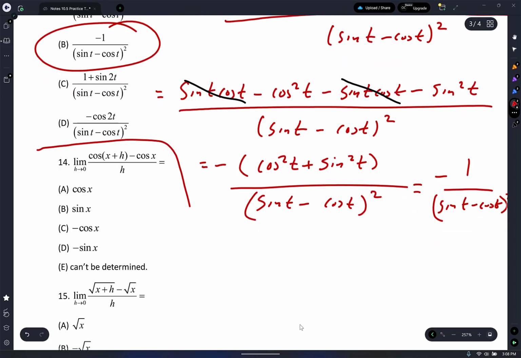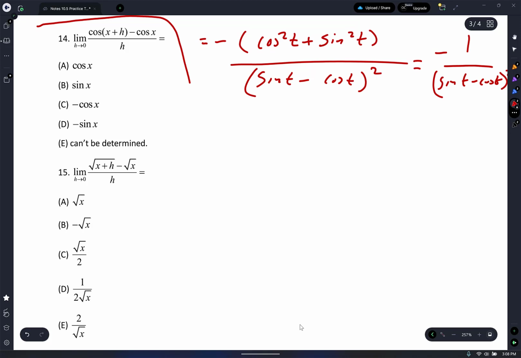All right, question 14. You look at it, you can do it by hand. It's going to take up the whole page. Or you can recognize, come on, Espinosa, focus, miss. You can recognize that this is just a derivative.